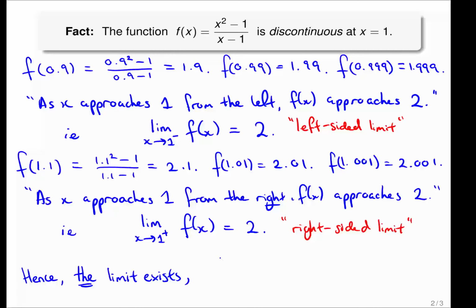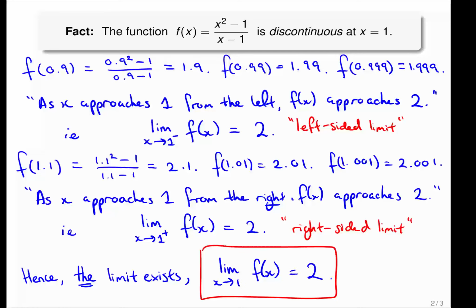And we write it as the following. Where there is no longer a need for a plus-minus sign to indicate the direction of approach. That's because as we approach closer and closer to x equals 1 from either direction, left or right, the curve approaches the same y value, that's 2.